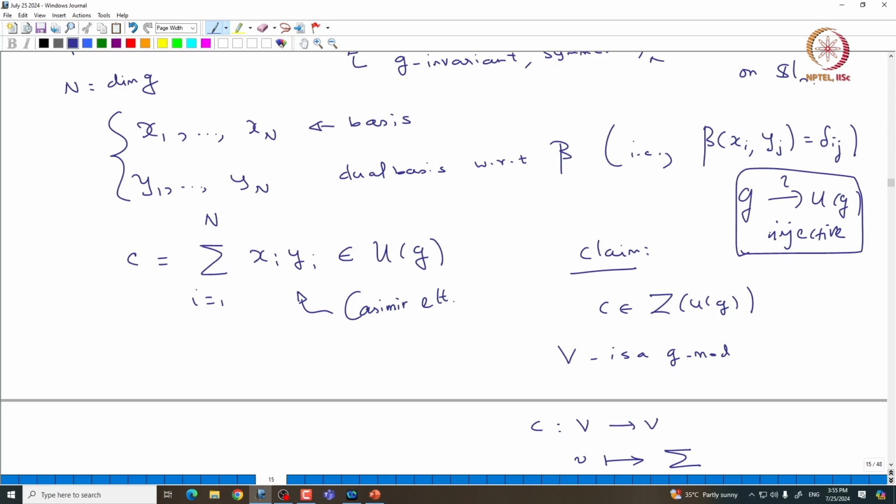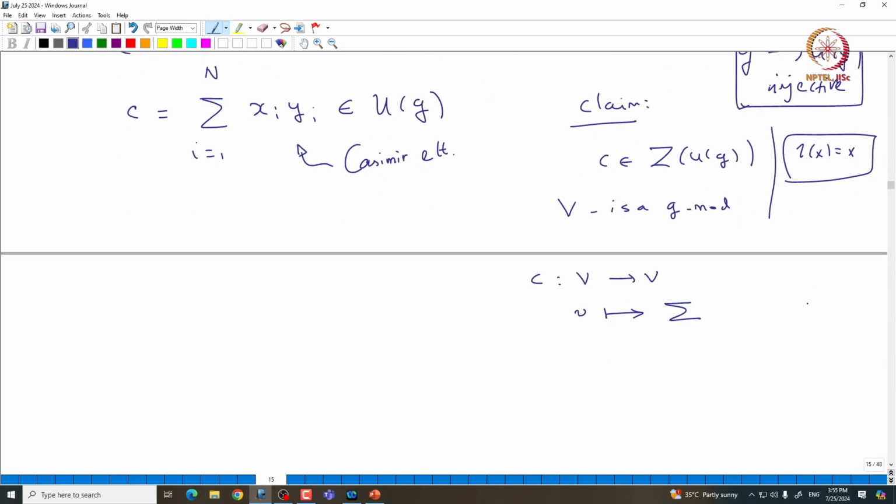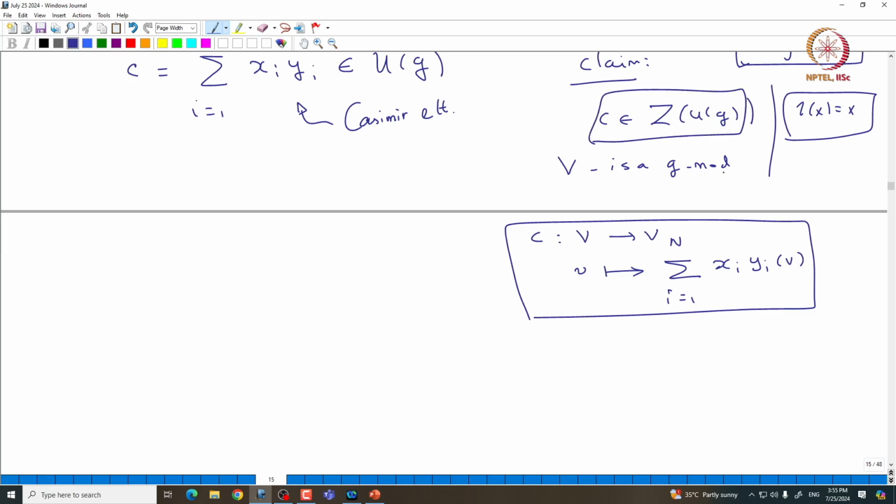So, in particular I can simply denote iota of x by x; there is no issue. So, we have this vector v, and we can send it to the sum of xi yi acting on v, where i ranges from 1 to n. This is the map we are considering, and you can see that it commutes with the action of G, because it is in the center of UG. So, it defines a well-defined G-module map.